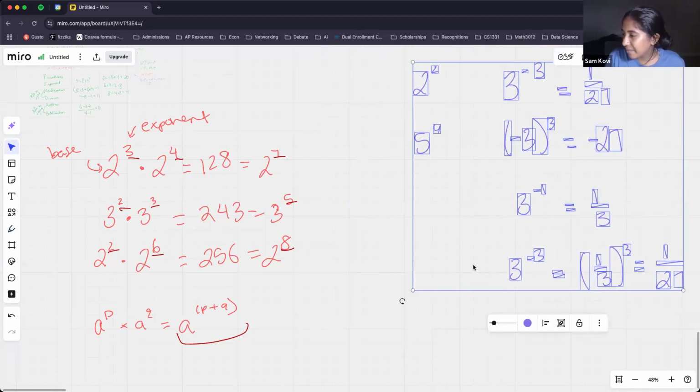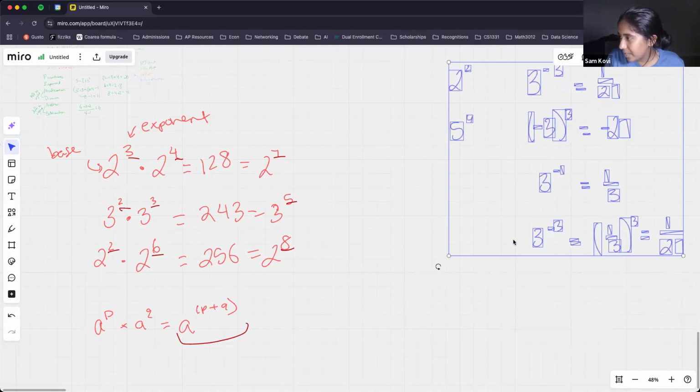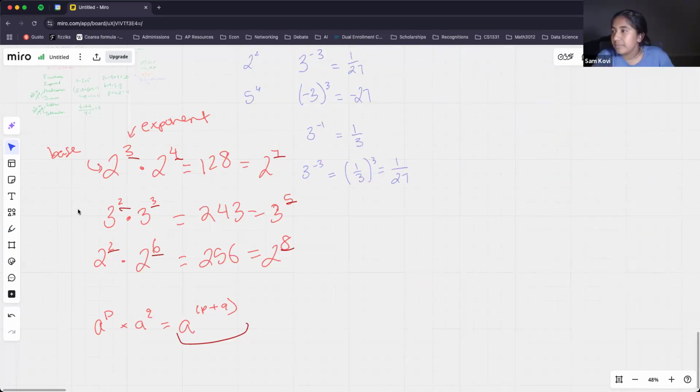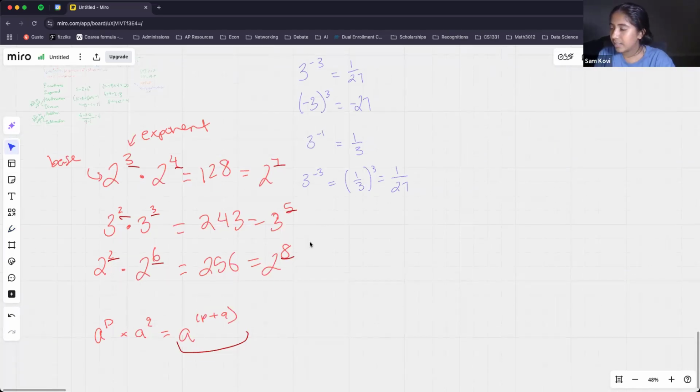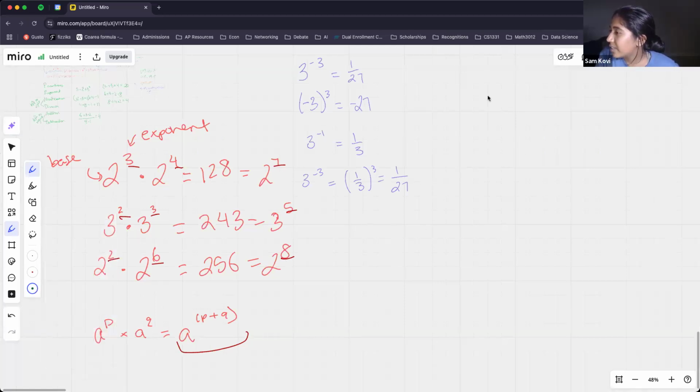All right, let's say, actually, let me use a green. Okay. So let's say we have 3 to the, actually, you know what? I'm getting kind of bored of threes.